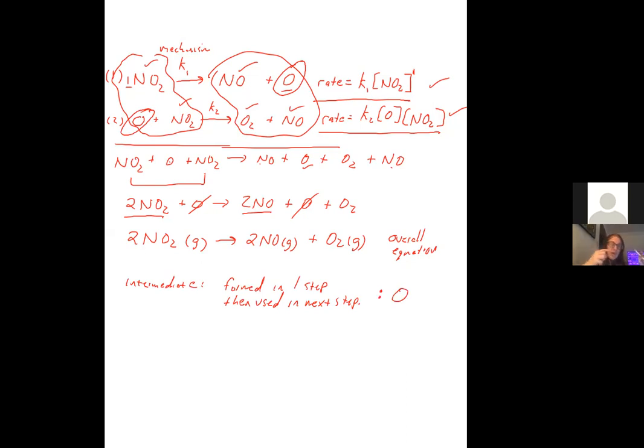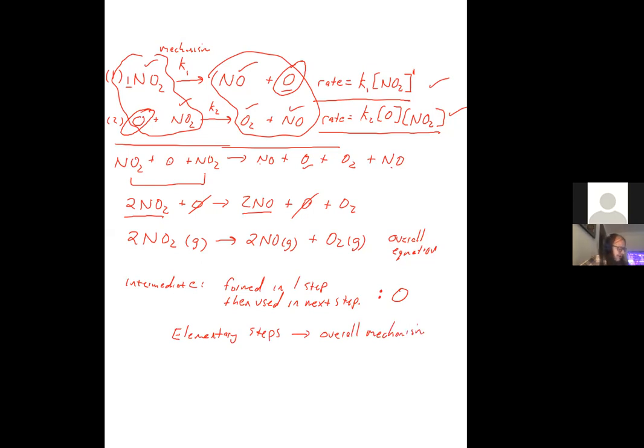Now when you write the overall equation, the intermediate will be missing from the overall equation because you're canceling it, right? The intermediate generally gets canceled when you combine these elementary steps. Remember, each one of these is called an elementary step. And then you add them, and that gives you the overall mechanism.